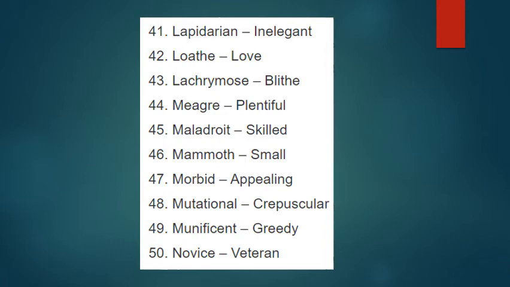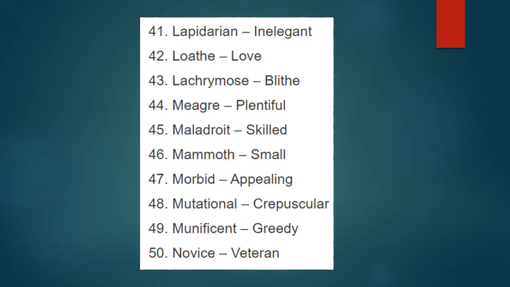Morbid is very deathly, very cheerless, bleak. That's morbid. Mutational, where there's a genetic change.